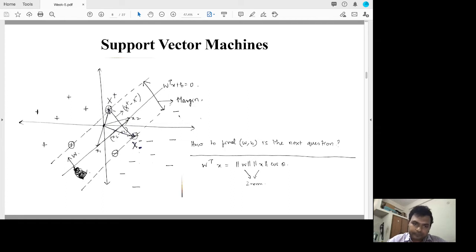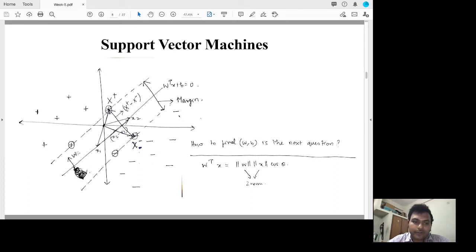Now I have introduced the vector w, and I have introduced the vector x plus minus x minus, and you want to find the perpendicular distance between these two lines. Can somebody tell me which of these vectors is perpendicular to these lines? W. Correct, yes.